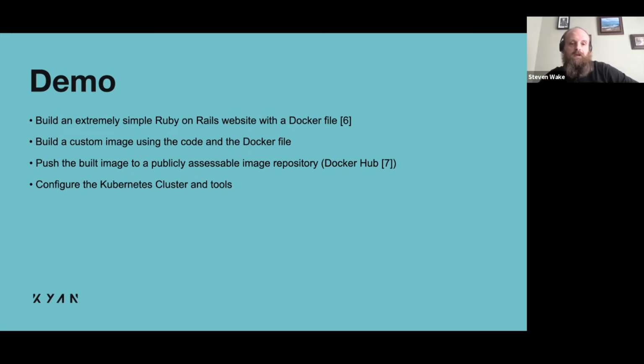We're going to configure the Kubernetes cluster and tools to allow us to talk and deploy stuff. We're going to build the Kubernetes objects that we require, as dictated by the schematic I just showed you.